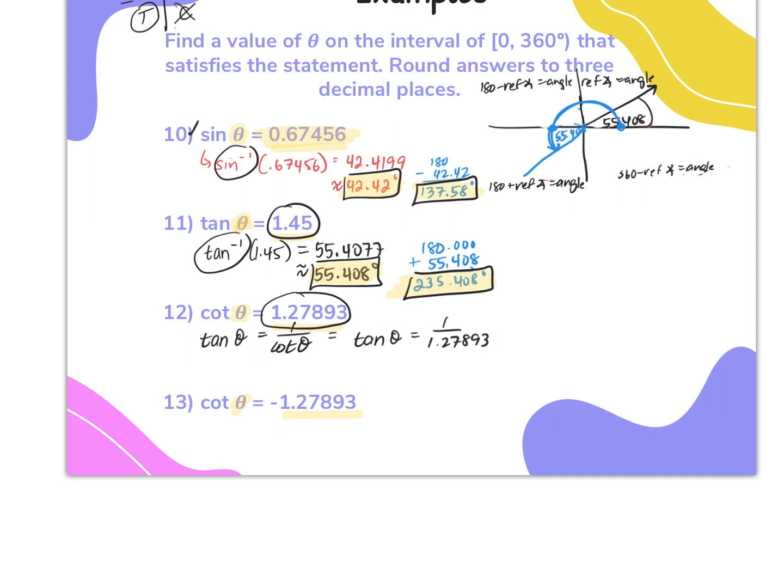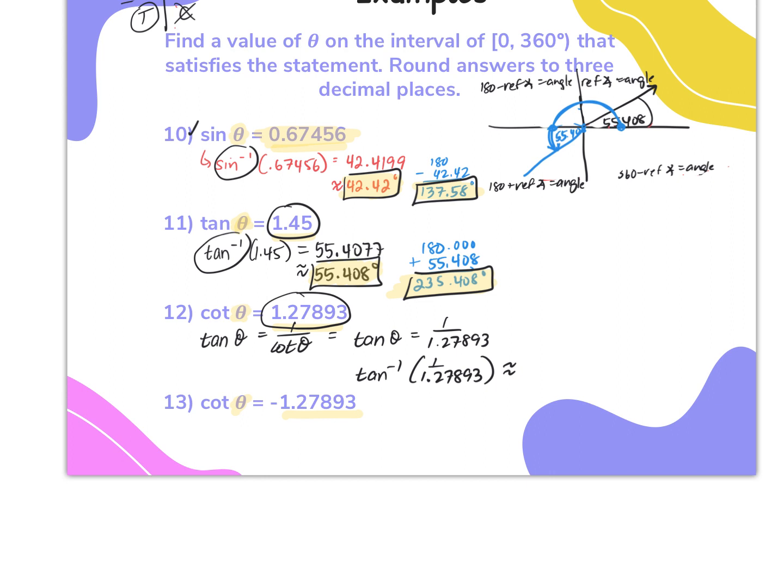And so if I want the actual angle measure, I'm going to have to do the inverse tangent of that, right? So I'm going to do the inverse tangent of 1 divided by 1.27893. And that should give me my first angle measure. So, however your calculator works, 1 divided by 1.27893.